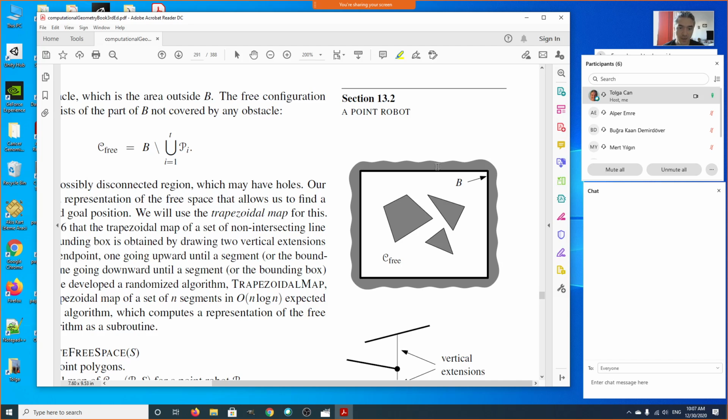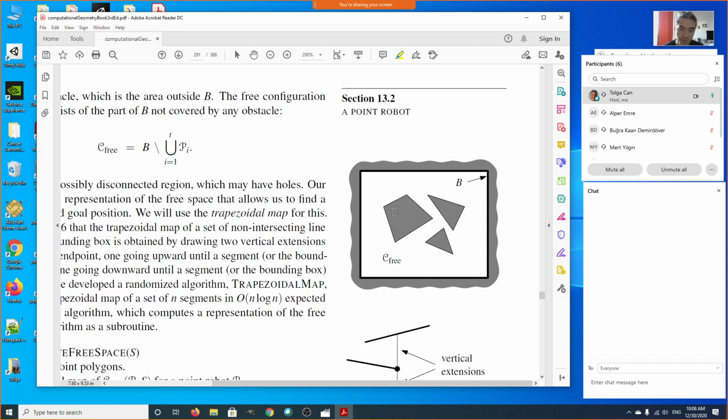Okay, in order to build a trapezoidal map on this, we first bound our free space with a box. This may actually be the boundaries of our room. So we assume that our robot is in some kind of a rectangular room. We bound the free space with this bounding box, and we have polygonal obstacles within the workspace.